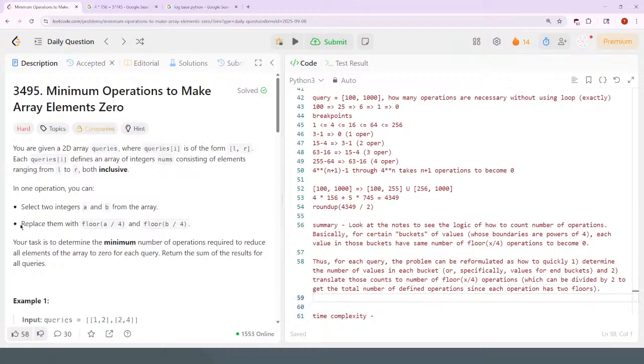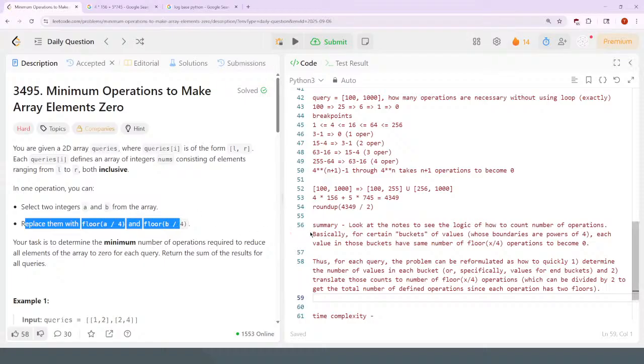So like replace not just one value but 2 values by the floor of that divided by 4.